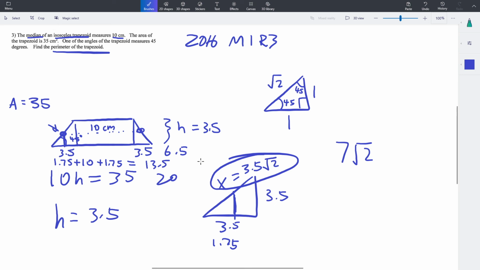You add that together, you get 20. But for isosceles trapezoids, we can use a similar property that we used earlier, and that property is that the top plus the bottom actually equals double the median. And that might actually be true for every single trapezoid. Let me think about it.